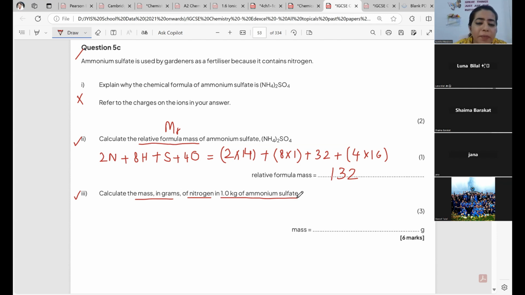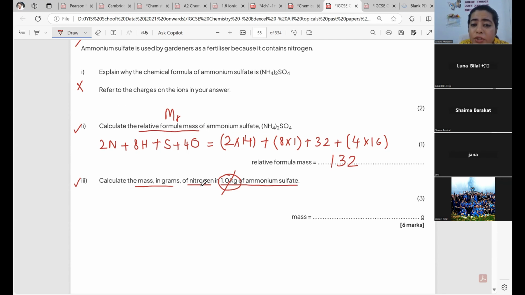And you need to find the mass of nitrogen in grams. So there is no need of this 1 kg here. This is some extra information given to you. They are relating the nitrogen with the ammonium sulfate. We'll subtract nitrogen from the ammonium sulfate. No, we need nitrogen only from ammonium sulfate. How can we do it? Any idea?